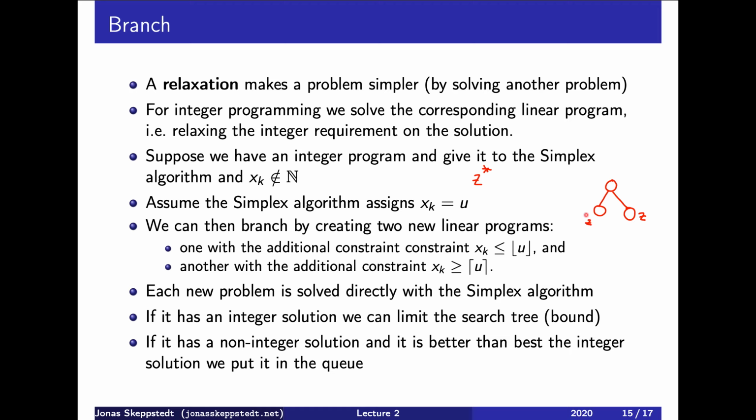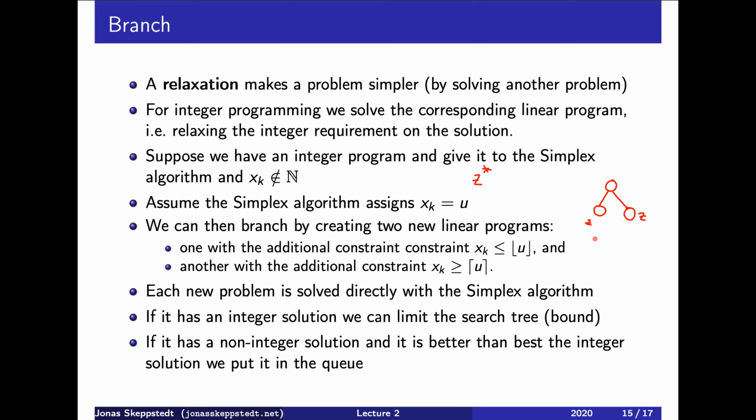The only thing that can happen is that we will limit the search for this one with additional constraints, and they obviously cannot be better than what we had already found, since this one was worse than that one.